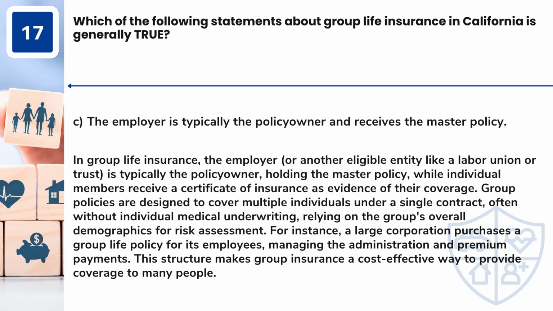Group policies are designed to cover multiple individuals under a single contract, often without individual medical underwriting, relying on the group's overall demographics for risk assessment. For instance, a large corporation purchases a group life policy for its employees, managing the administration and premium payments. This structure makes group insurance a cost-effective way to provide coverage to many people.